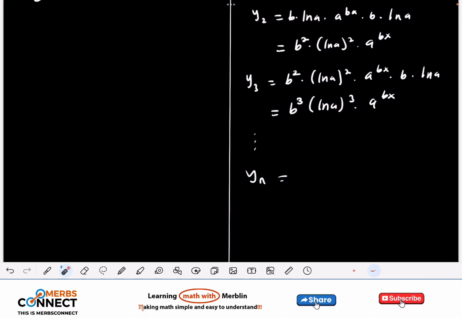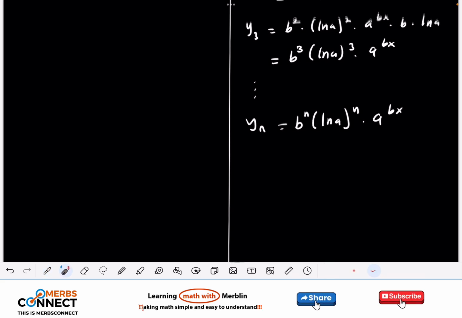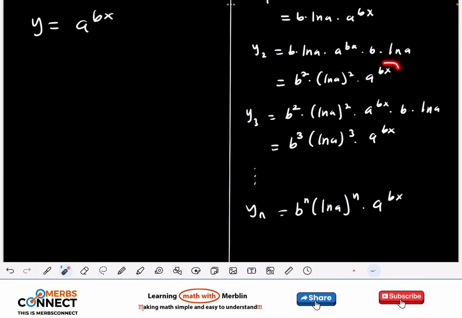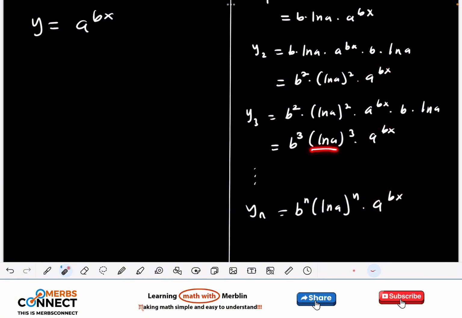So the nth derivative will be b to the power n times ln a to the power n times a to the power bx. As we saw, a to the power bx is not changing. When you pick the ln, the power is the same as the number of differentiations, and when you pick the b, the power is also the same.